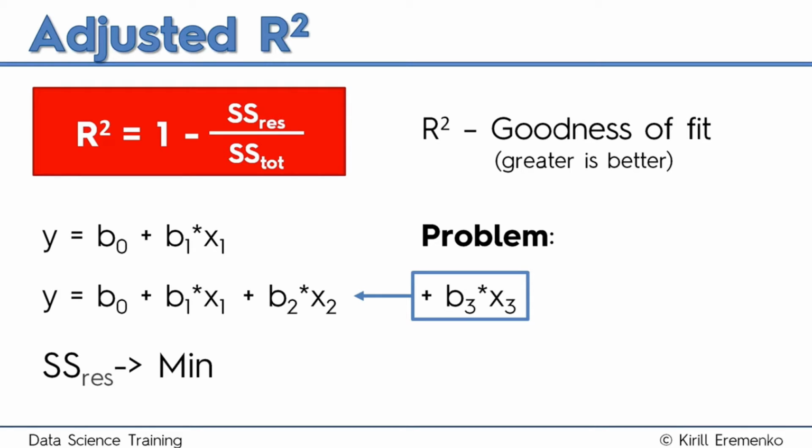Let's look at that example with salary. Your salary equals a constant 30,000 plus 10,000 times the years of experience, plus, for instance, B2 could be a constant coefficient times the number of qualifications you have, and B3 could be how much money you brought the company in the previous year.